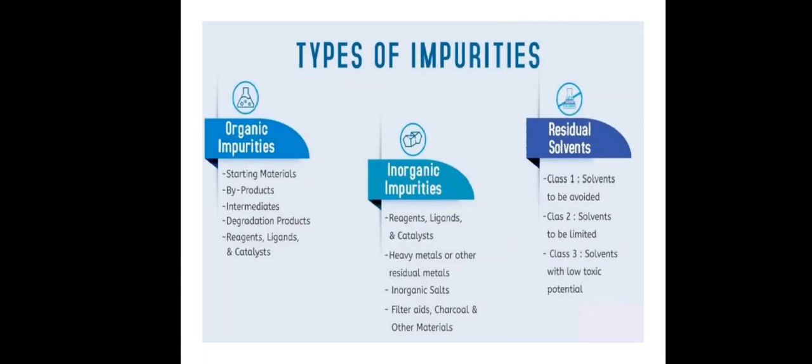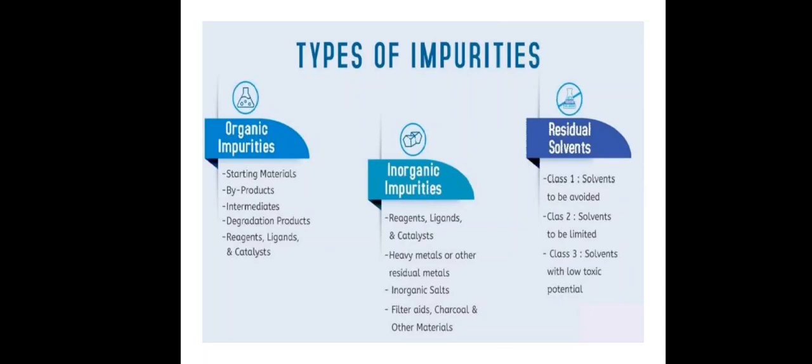These residual solvents are organic or inorganic liquids which are used during the manufacturing process. Some of the solvents cause toxicities, and such a solvent should be avoided in the preparation of bulk drug if it is toxic in nature. They are classified as class 1 solvents, class 2 solvents, and class 3 solvents.